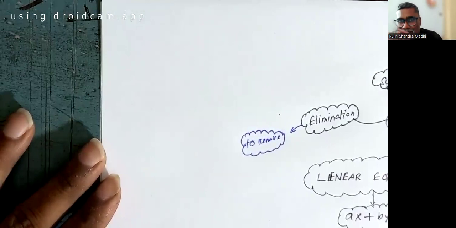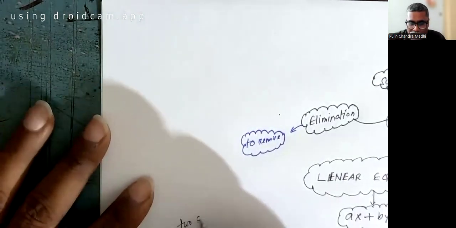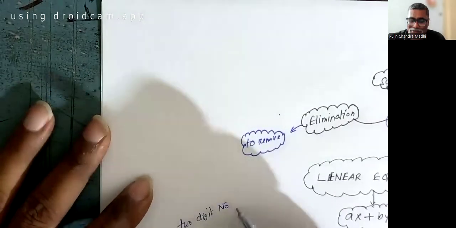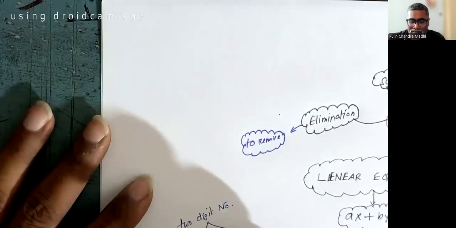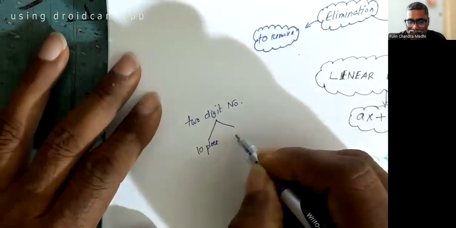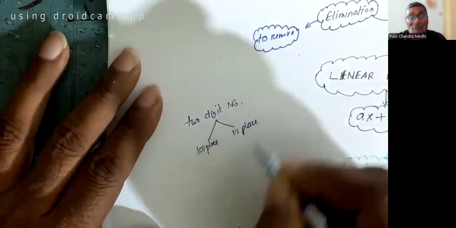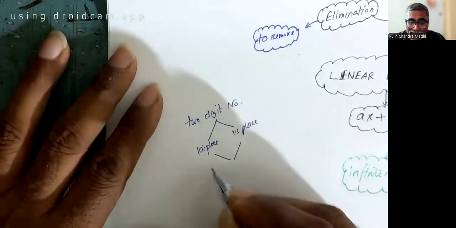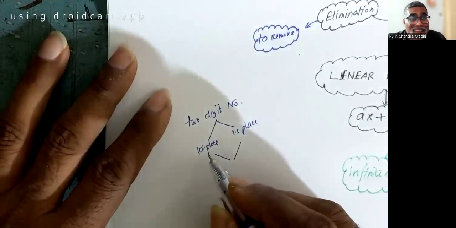Two-digit numbers. So you write two-digit number. A two-digit number will consist of what? One is the tens place, and another is the ones place or units place. Then what will the number be? Tens place, whatever digit you consider. I'll not write x, y, etc. here.